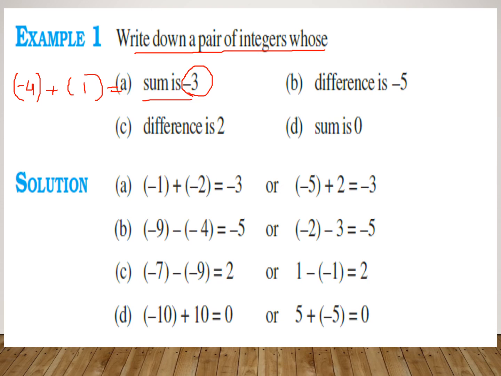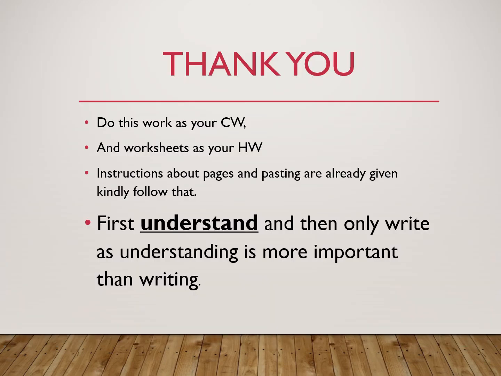You can solve it very easily and the answer will come as minus 3. Suppose you take minus 2 plus minus 1. Then also you get the sum as minus 3. Similarly, you can think of many numbers whose sum is minus 3. Okay. Similarly, you can try the remaining parts. Okay. Thank you.